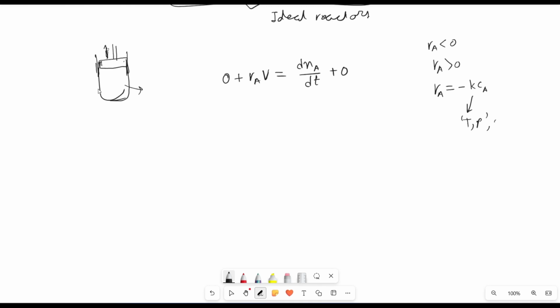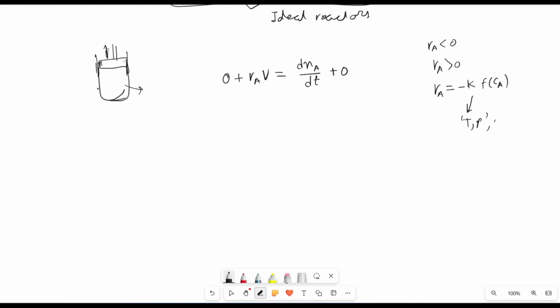Actually, it should be minus k times a function of C_A, where k is a function of temperature and pressure.